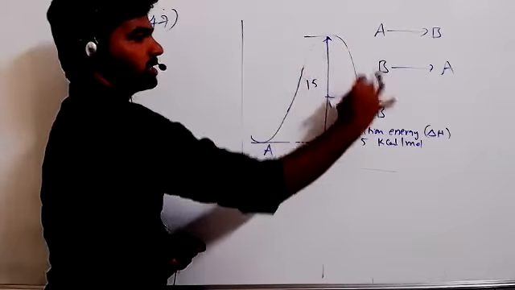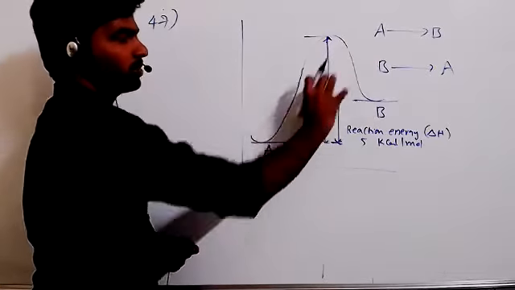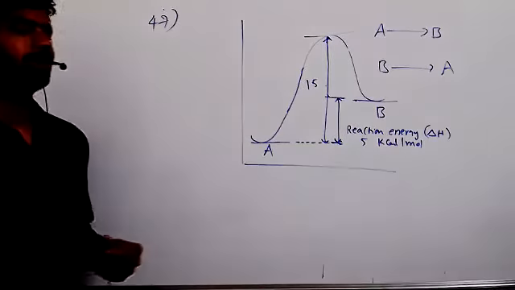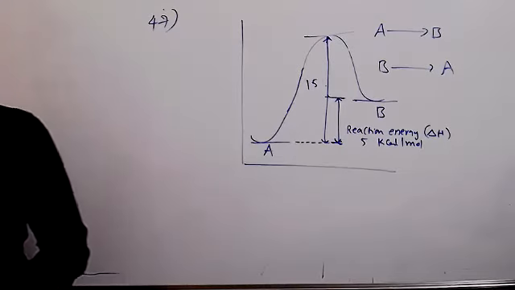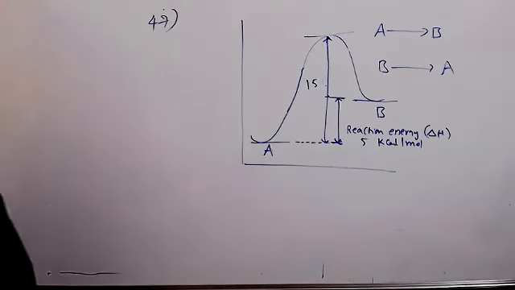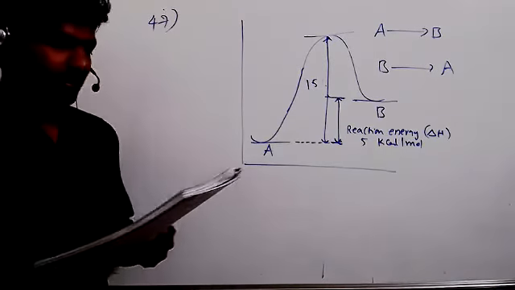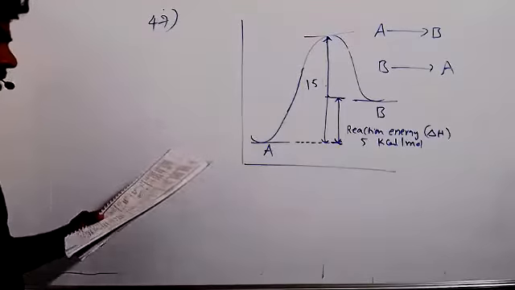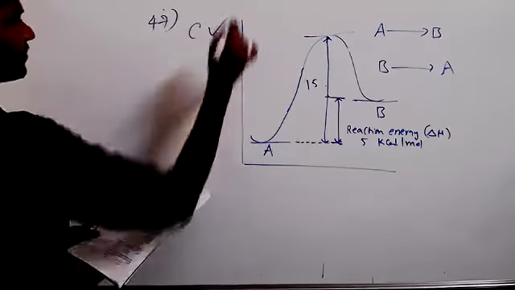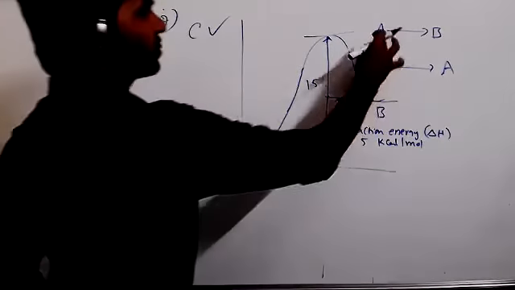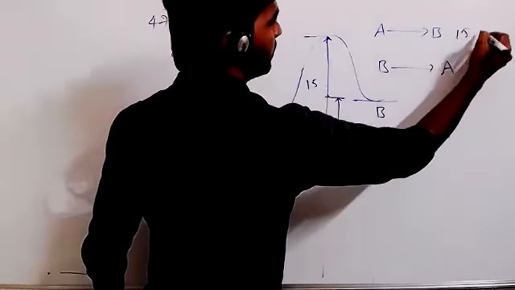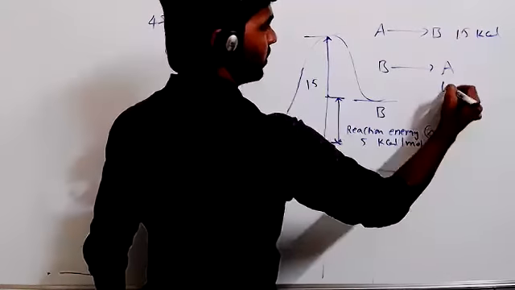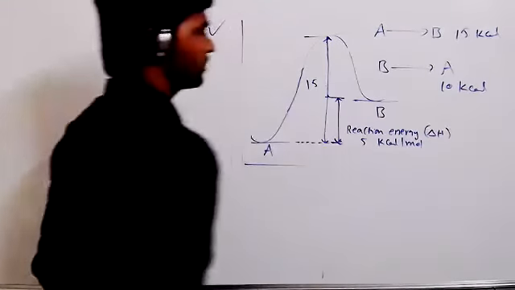Only this much energy is enough to reach the activated complex. So how much is this? 10. The answer is 10, so option C is correct. This process requires 15 kilocalories, while this requires only 10 kilocalories.